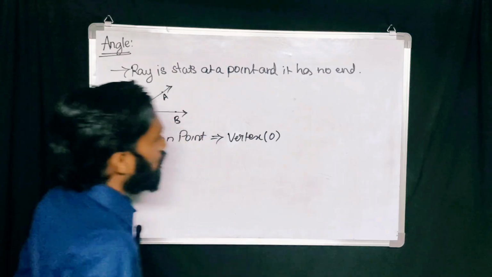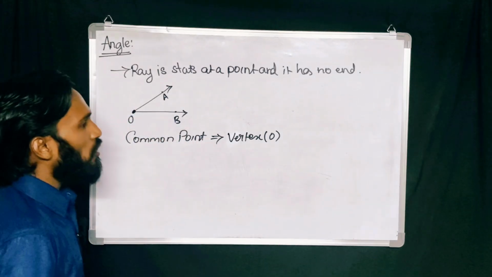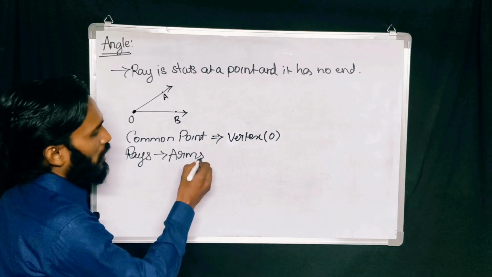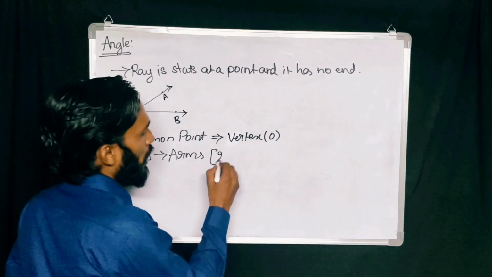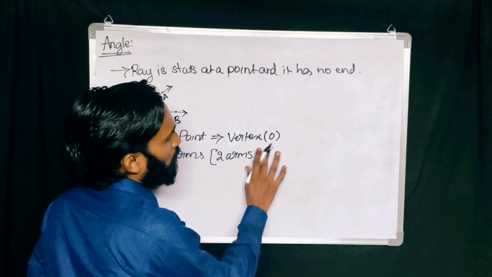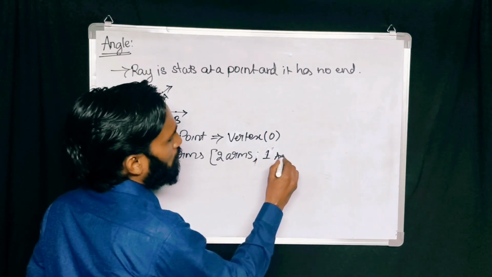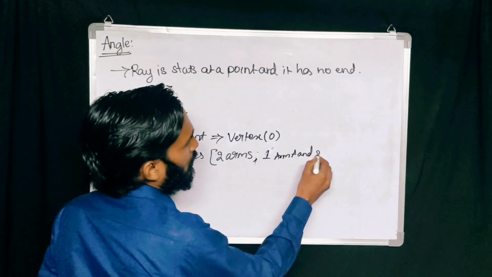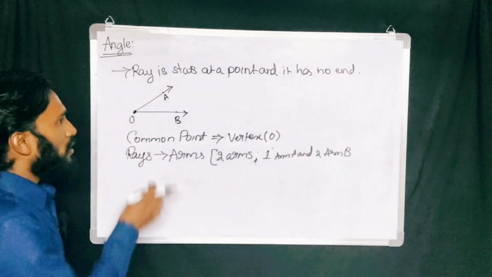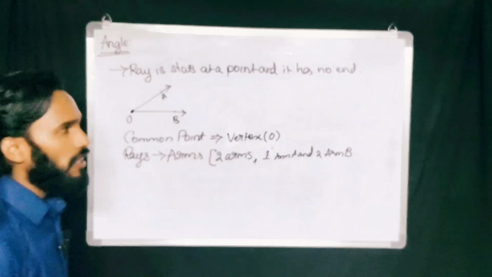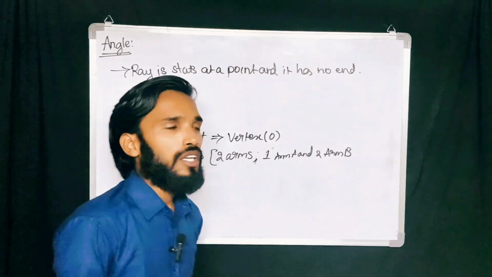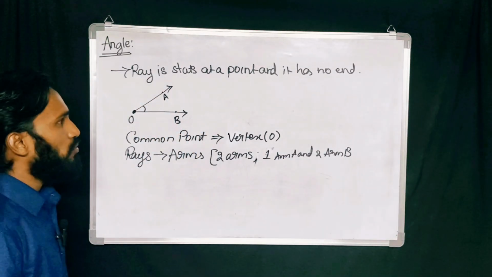What is the vertex here? O. And these two rays are called arms. Here we have two arms: the first one is arm A, and the second one is arm B. Where they meet at a common point, an angle is formed.